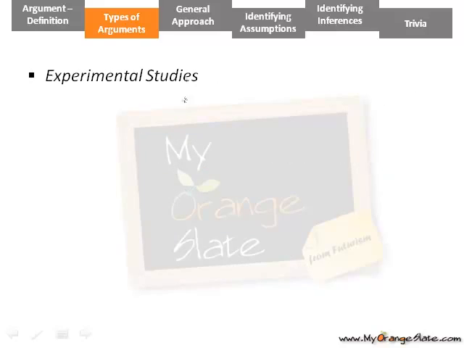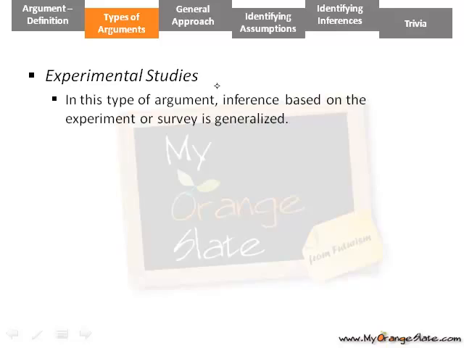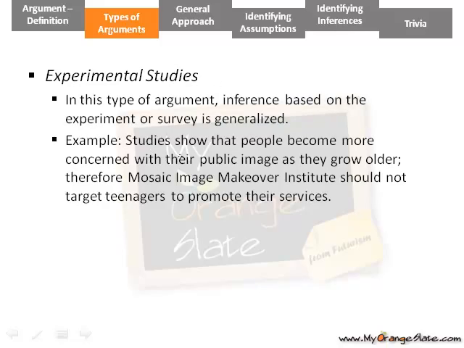At times, arguments rely on the results of certain experimental studies or surveys, and once again the conclusions are largely generalized in nature. Say if we take an example, studies show that people become more concerned with their public image as they grow older. Therefore, Mosaic Image Maker Institute should not target teenagers to promote their services.